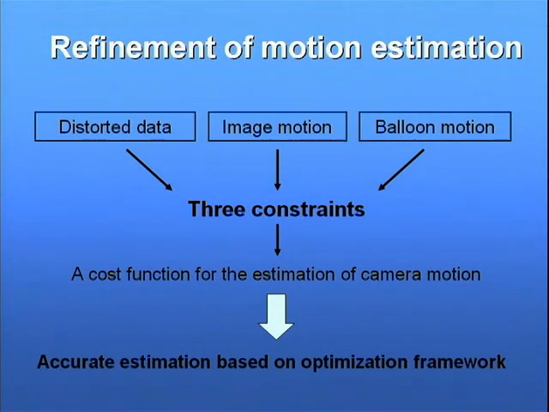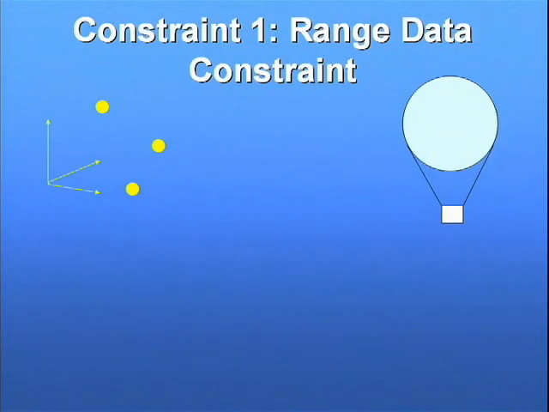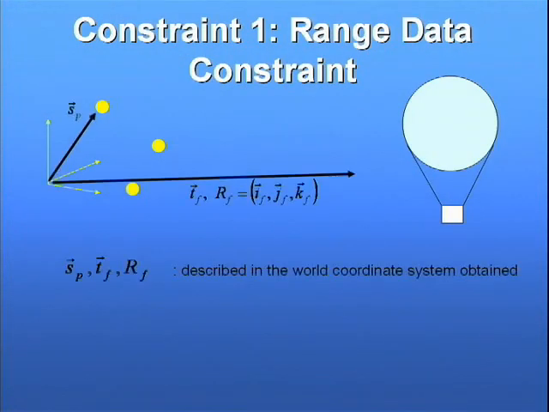Now, what are the three constraints? First of all, in any case, the factorization method provides you feature point 3D data. That may not be so accurate, but in any case, that provides you 3D data. Also, the factorization method provides you the motion of the balloons or the motion of the sensors.